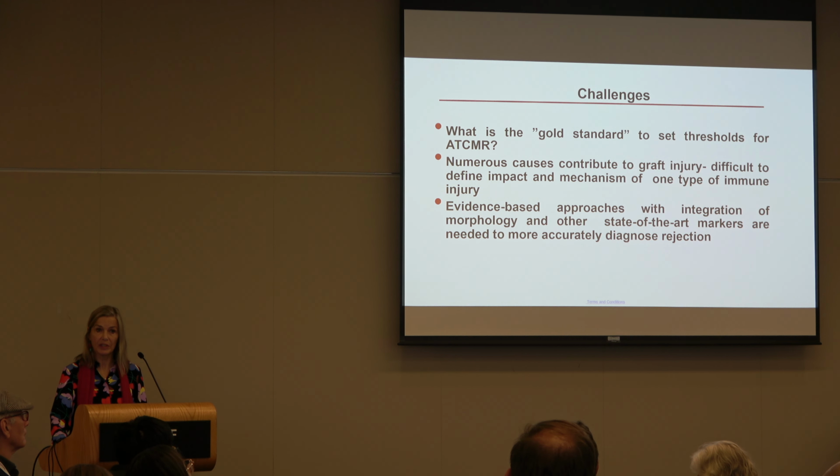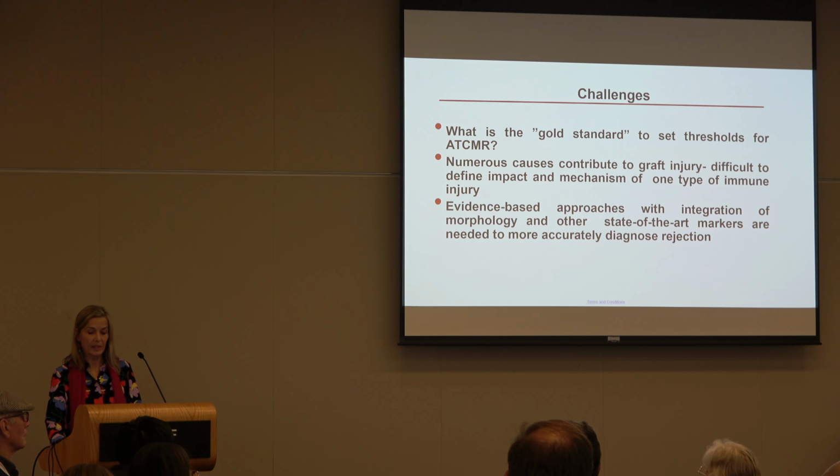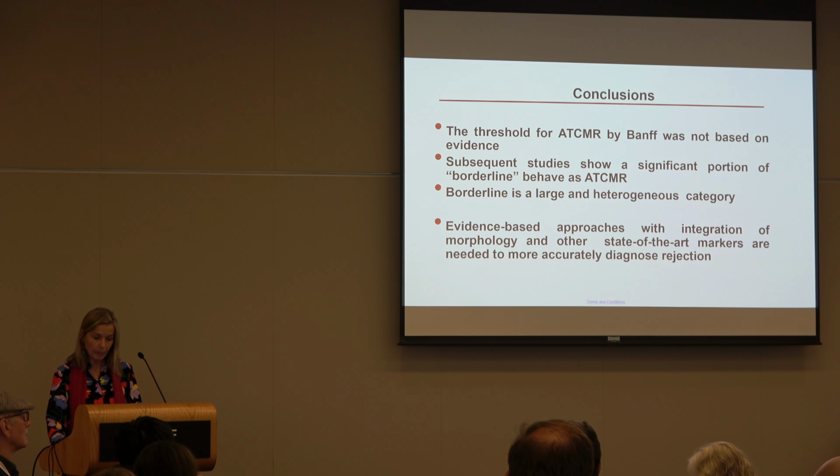So the challenge that I put forth for the rest of this meeting for all of us is, what is the gold standard to set thresholds for acute T-cell mediated rejection? There are numerous causes that contribute to graft injury. It's difficult to define the impact and mechanism of one type of immune injury. We need evidence-based approaches with integration of morphology and other state-of-the-art markers to more accurately diagnose this type of rejection.